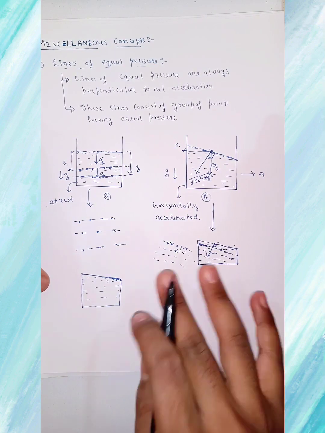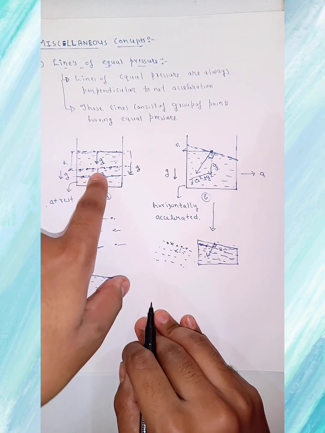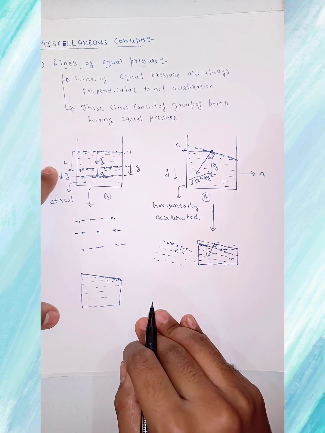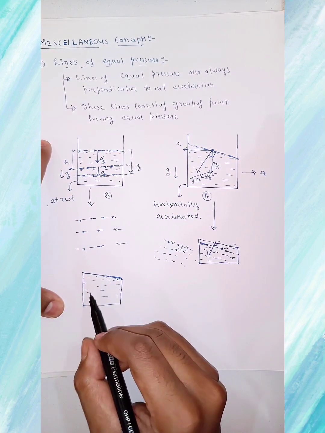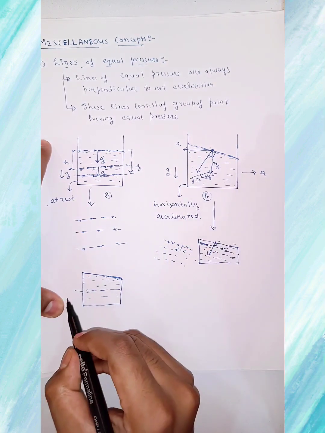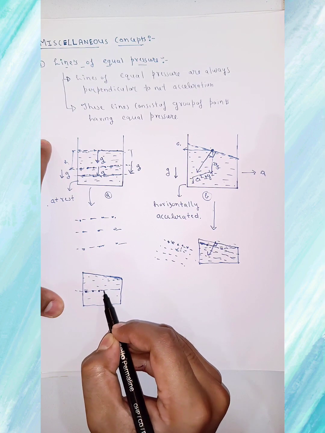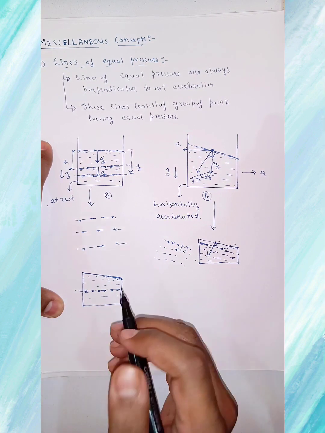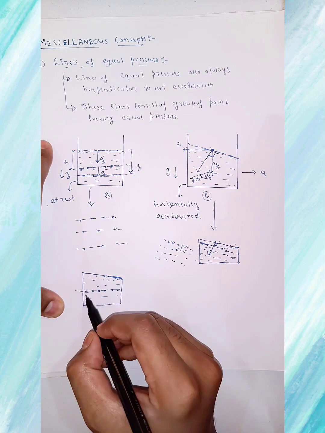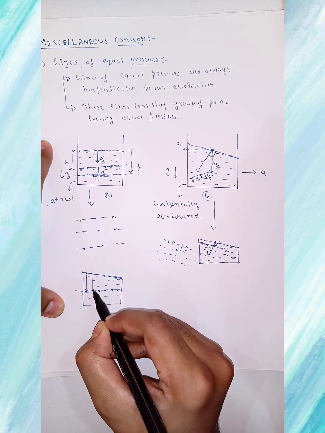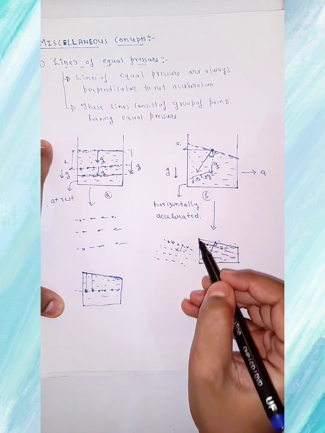A small thing you should note here is that points on this line of equal pressure are at the same depth. So if a person says that the line of equal pressure is like this in this situation, that all these points on this line will have the same pressure, that's wrong, because you can clearly see that the depth of all these points is different in this situation.